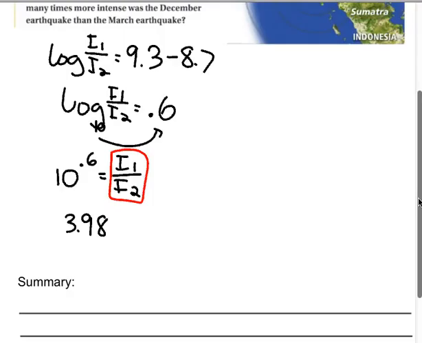So what it's telling me is that that earthquake is almost 4 times stronger than the other one. Okay, so looking at that, a small change on the Richter scale is actually a super intense difference, 4 times the destructive power in that second earthquake.